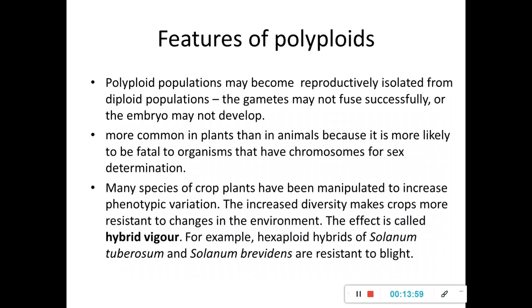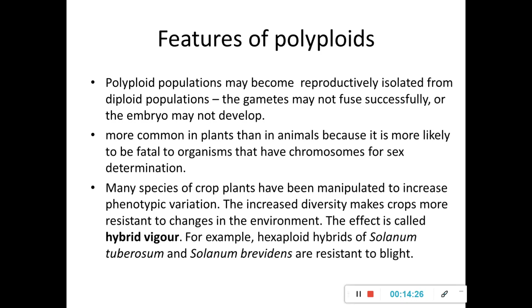And the features of polyploidy are that polyploids may become reproductively isolated from diploid populations if we are artificially trying to make them. When polyploid populations are formed, they will be reproductively isolated. This is more common in plants than in animals, because it is more likely to be fatal to organisms that have chromosomes for sex determination.